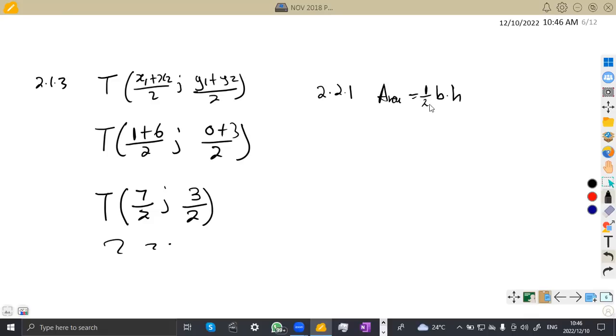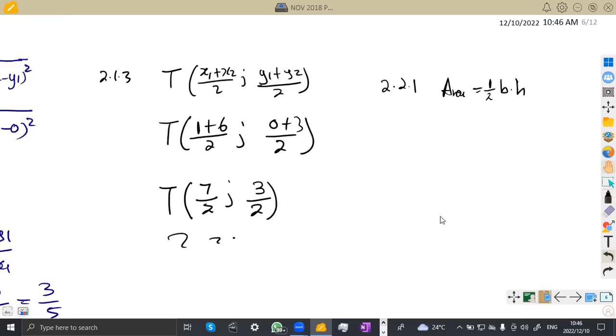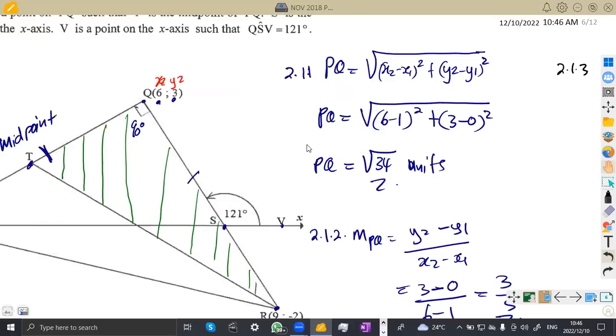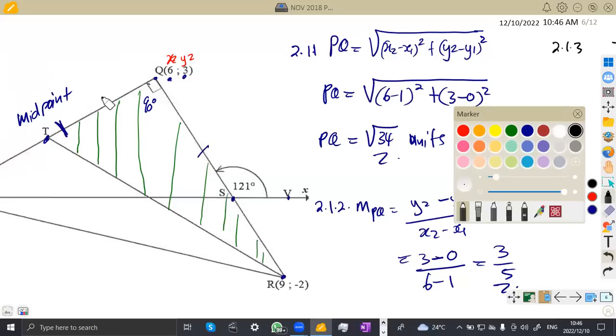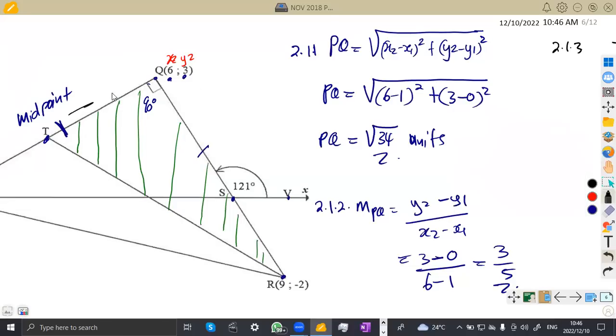All right. From half base times the perpendicular height, which is the base and which is the perpendicular height? Let's check again on our triangle. This is our triangle. We can let our base be equal to QR, from Q to R. Then the height is T to Q, sorry.